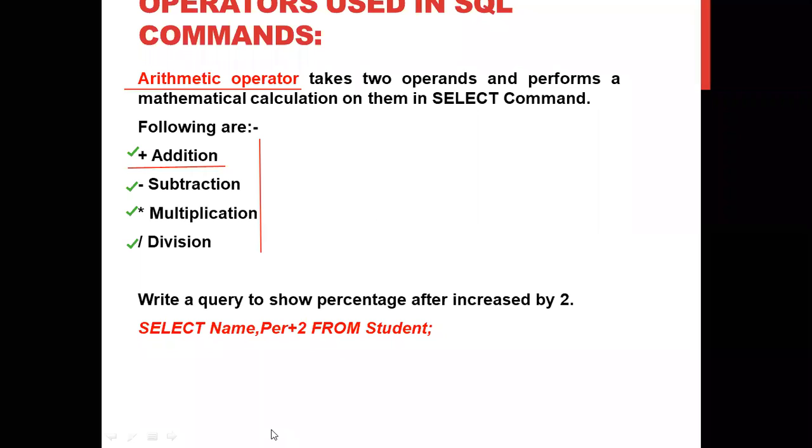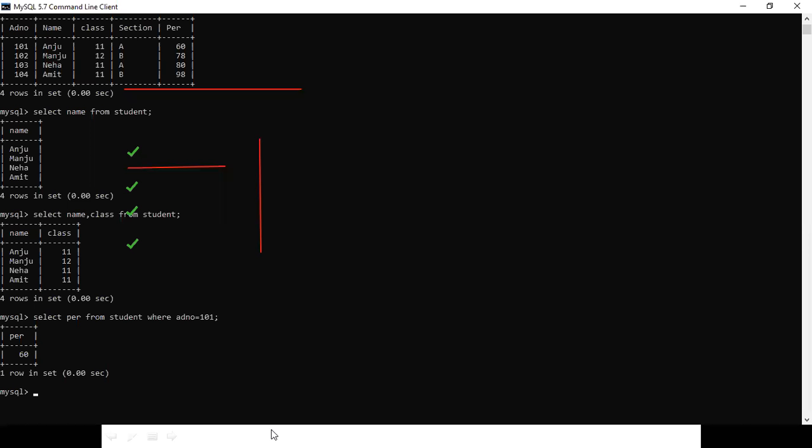Now check. Select name, comma, per plus 2 from student.